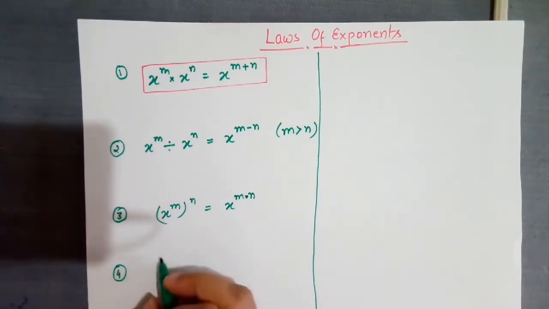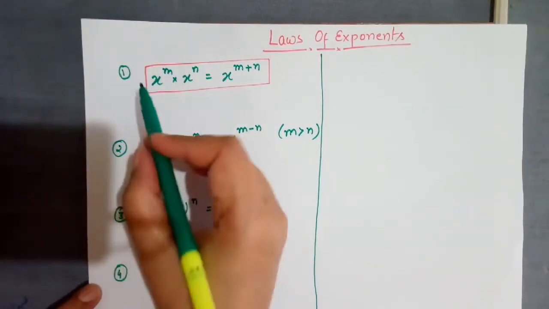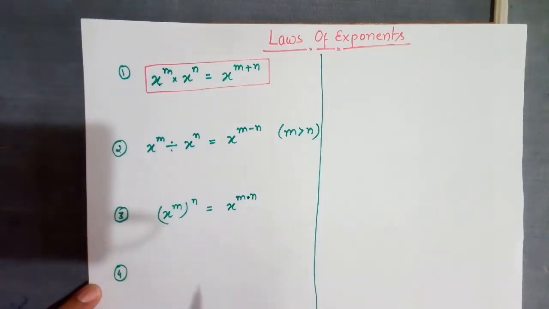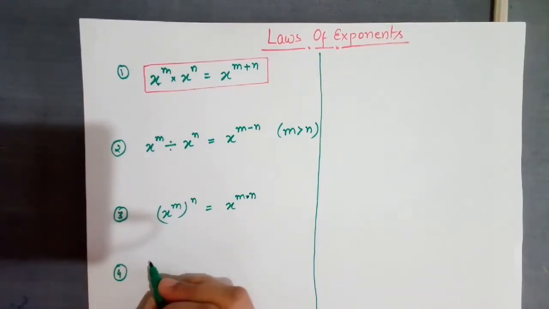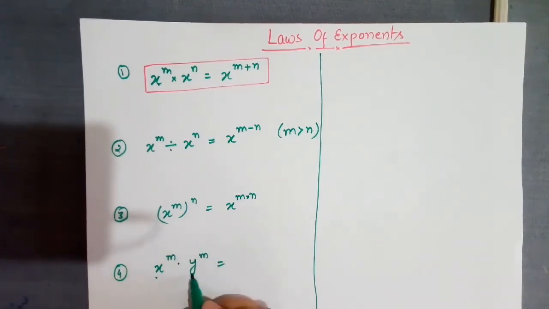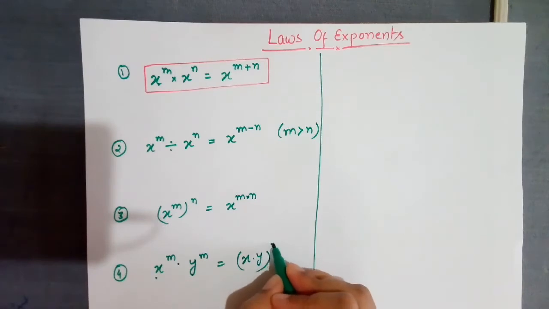Fourth one. Now in all three cases the base was the same, x here and x here. Now we will talk about different bases: x to the power m into y to the power m. Here the base is different but the powers are the same. It will become x into y whole power m.